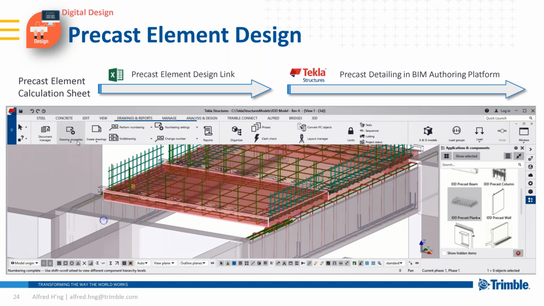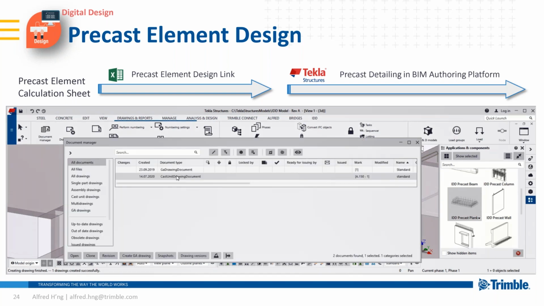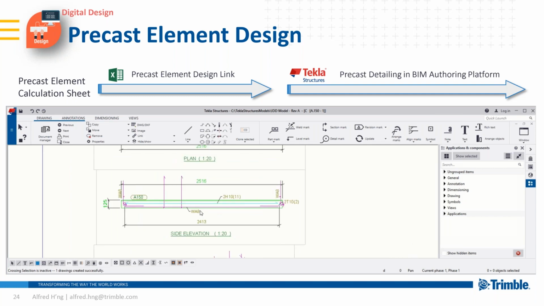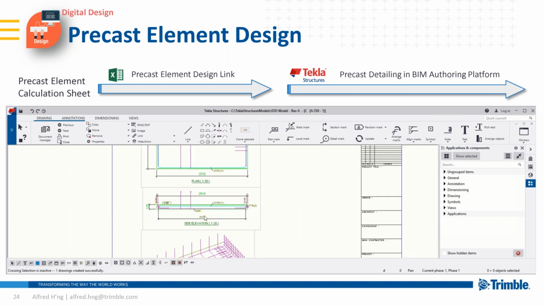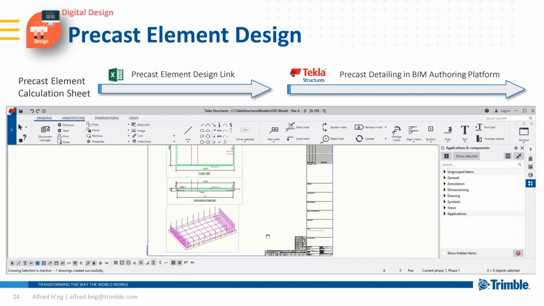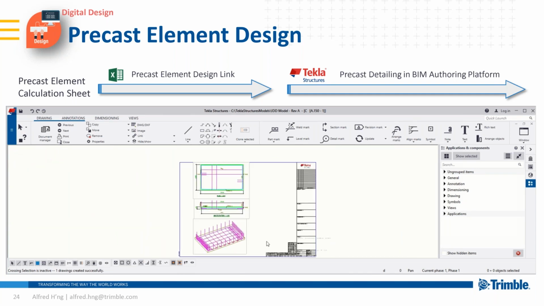In this case, we are creating the drawings for this plank. And this is the shop drawing for that particular precast plank. With this integrated workflow from design to details to shop drawings, I would say that this is something to explore on improving the workflow.